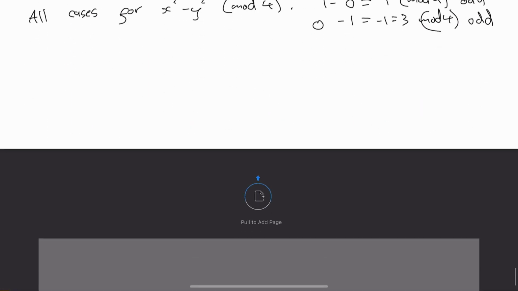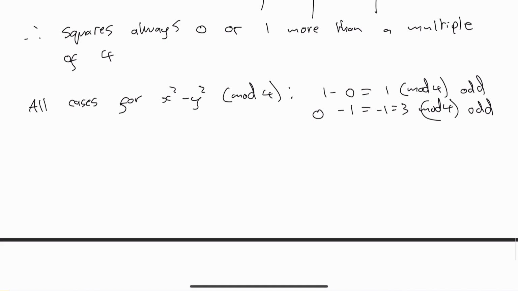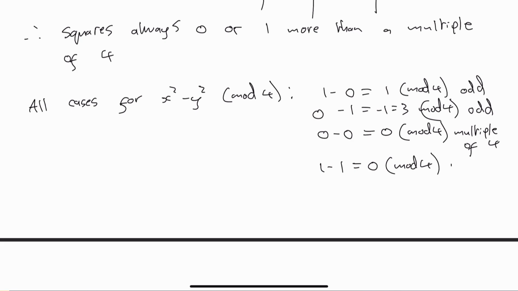And then we also have 0 minus 0, which is equal to 0 mod 4, which is a multiple of 4. And then we also have 1 minus 1, which is also 0 mod 4, which is also a multiple of 4.